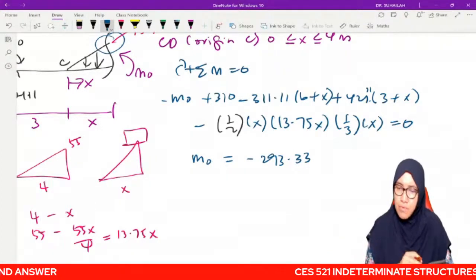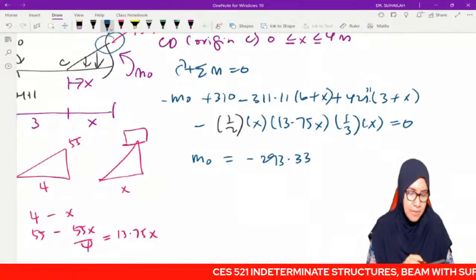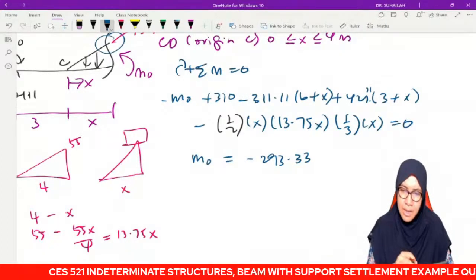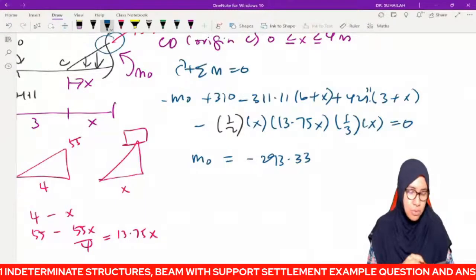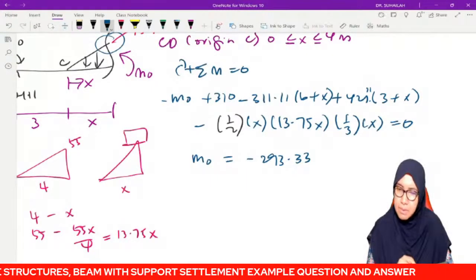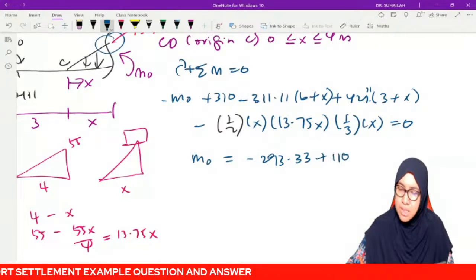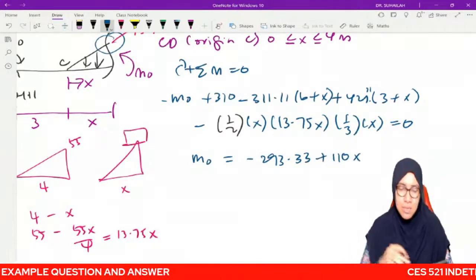For the x value we get negative 311.11 plus 421.11, which is 110x, plus 110x, and we have another one.